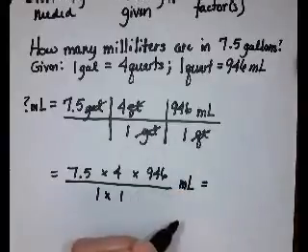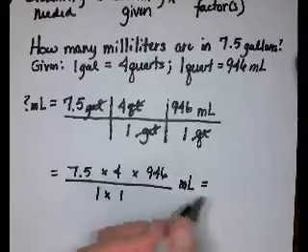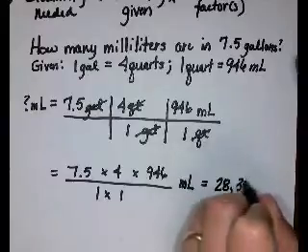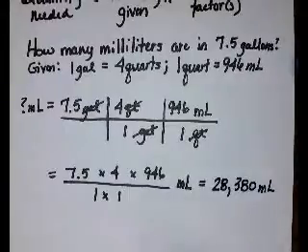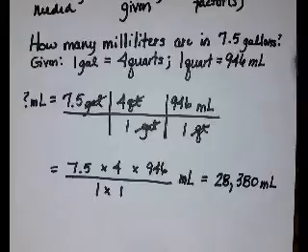And so the first thing I do is to simply work the problem and record what the calculator tells me, which is 28,380 milliliters. And I will double check that to make sure that I did that calculation correctly in the calculator, and I get the same number again. And so now it's time to consider significant digits.